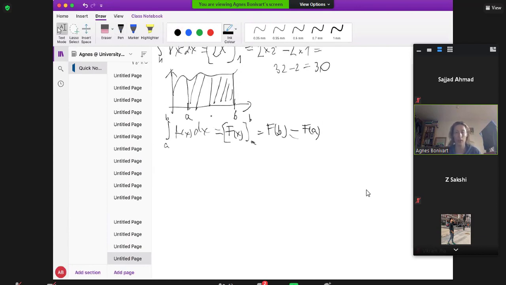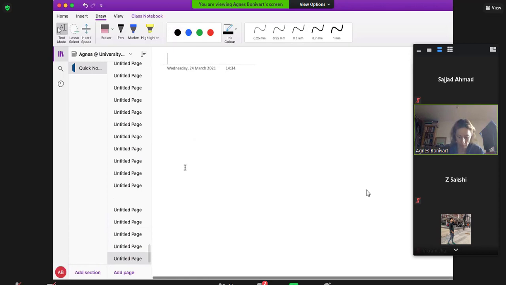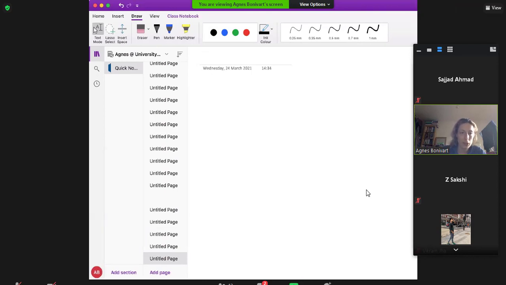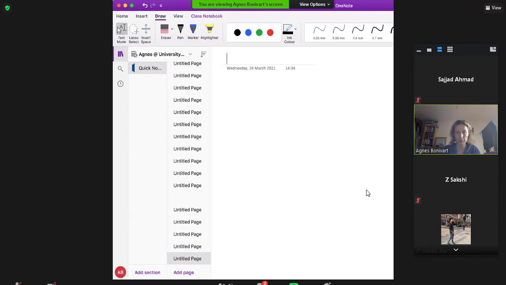Okay, next one. Exercise 6. We have a function x cubed minus 3x plus 2.